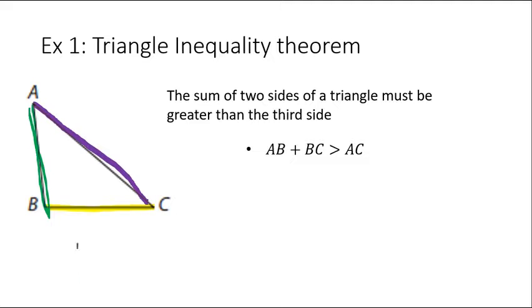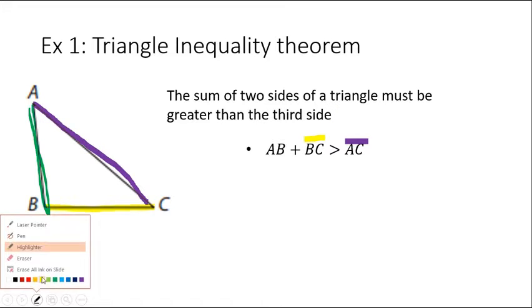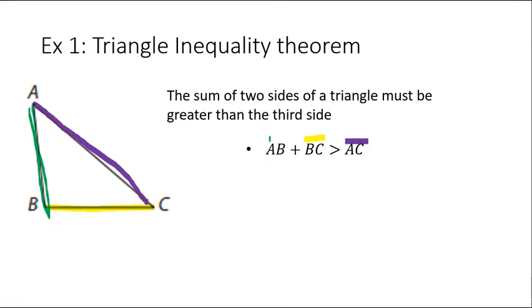So it becomes three inequalities. So first one, we see we have side AC. So that has to be smaller than BC and AB. So if you add AB and BC, it has to be bigger than AC. The third one, again, we have AB.